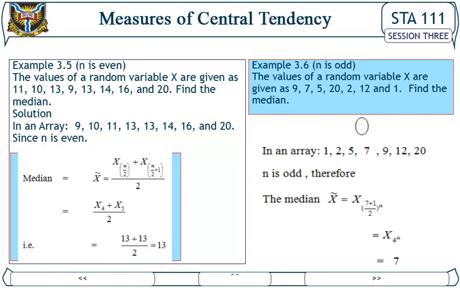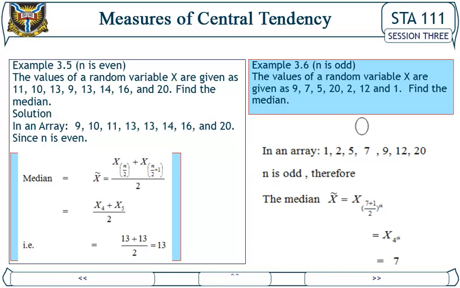Example 3.6. N is odd. The values of a random variable x are given as 9, 7, 5, 20, 2, 12, and 1. Find the median. In an array 1, 2, 5, 7, 9, 12, 20, n is odd.